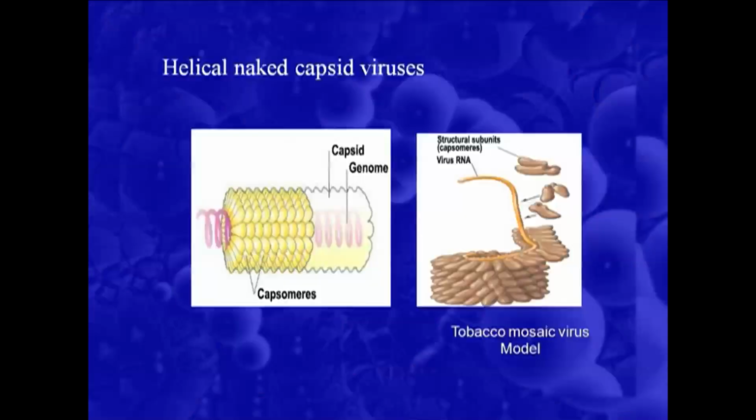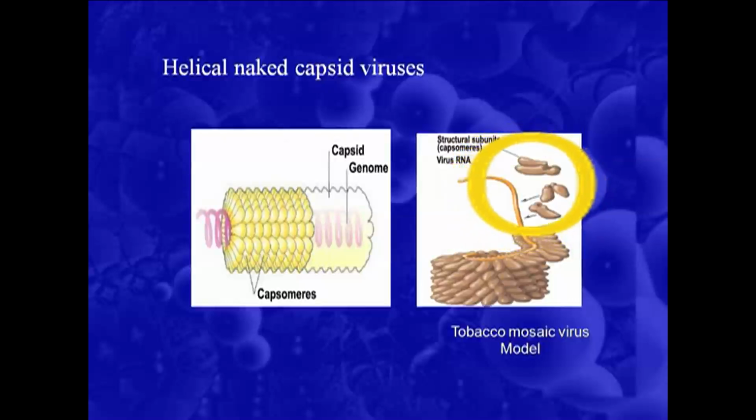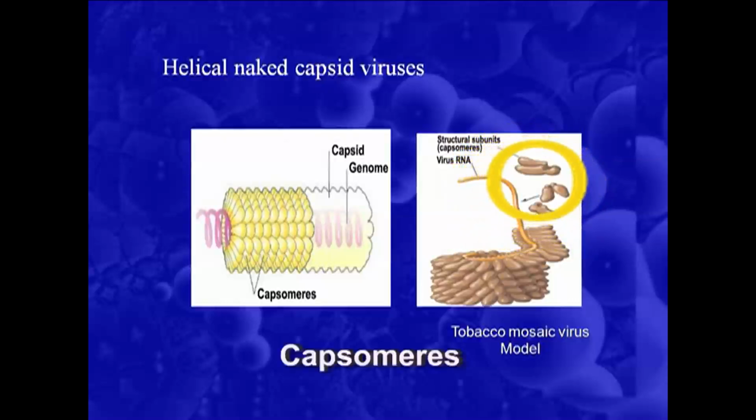Next, we come to the viruses with helical capsids. The most important example of a helical capsid virus is tobacco mosaic virus, wherein the genome is packaged in a helical fashion, and these small units of the capsid we are calling capsomeres. The third and most important variety of virus classification on the basis of morphology was the complex viruses or binal viruses. These viruses were mostly bacterial viruses, or bacteriophages, the viruses that infect bacteria.